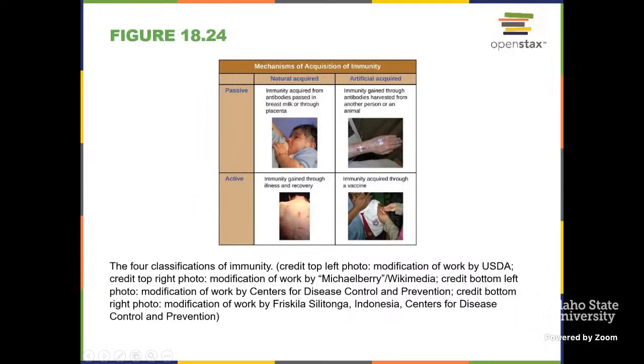With passive immunity, we could think about antibodies passed to that child, either while it's still inside the womb, crossing through the placenta. We said IgG immunoglobulins can cross the placenta, conferring a little bit of immunity to that child as it hatches out into the world. Also, through breast milk, there are antibodies that are able to be transferred. We think about IgA molecules, immunoglobulins secreted in the breast milk, but IgG is also a potential conferring some immunity to that child.